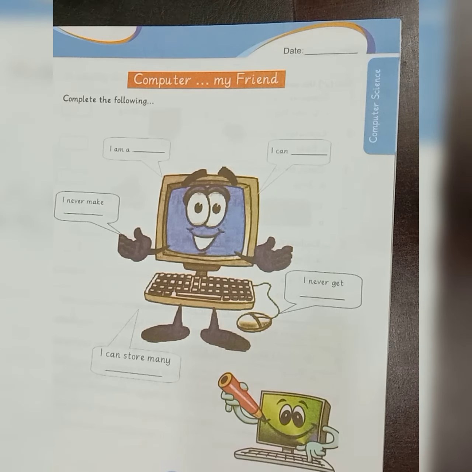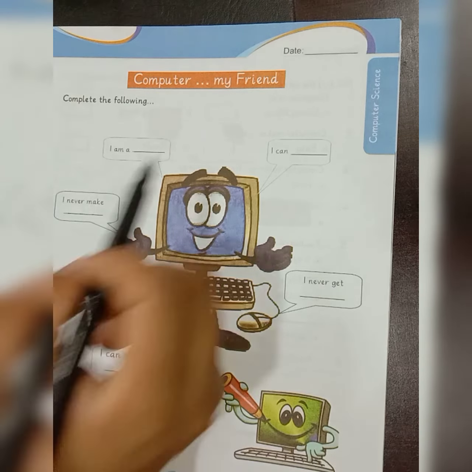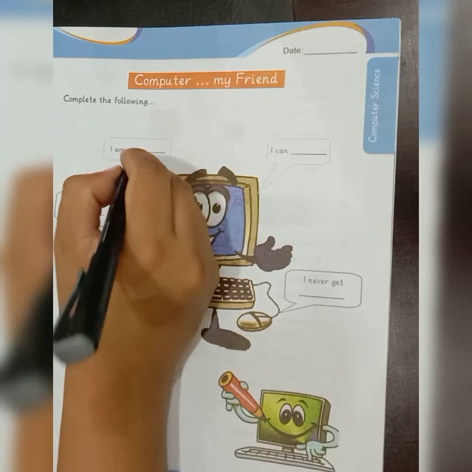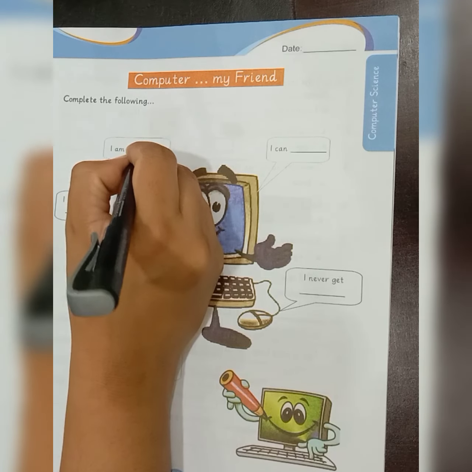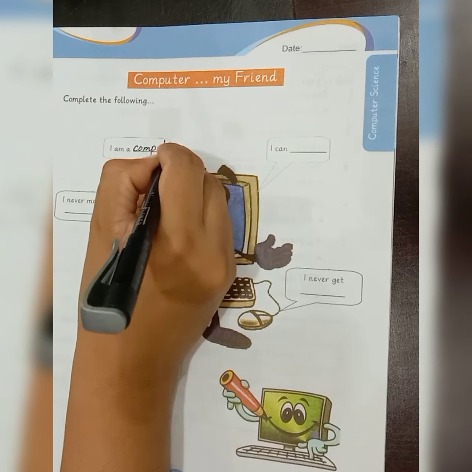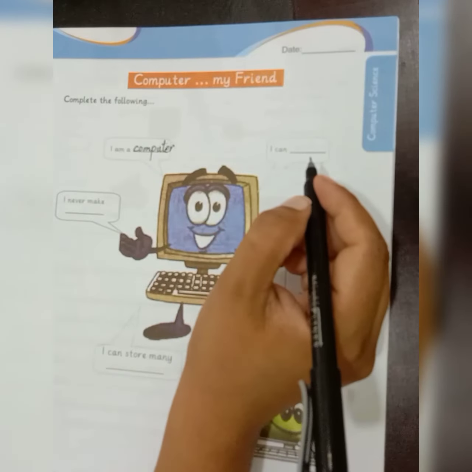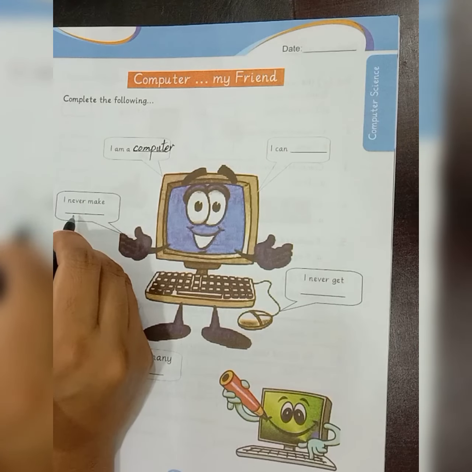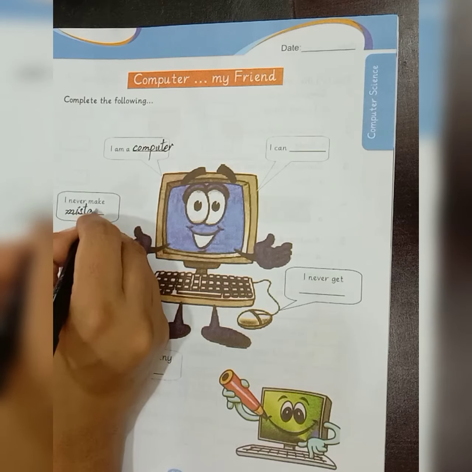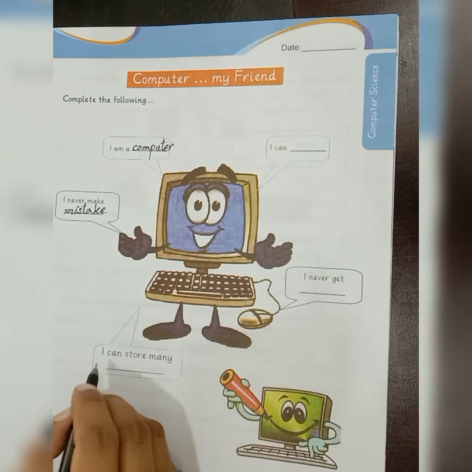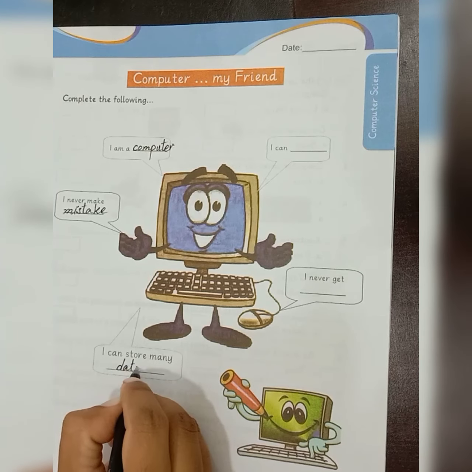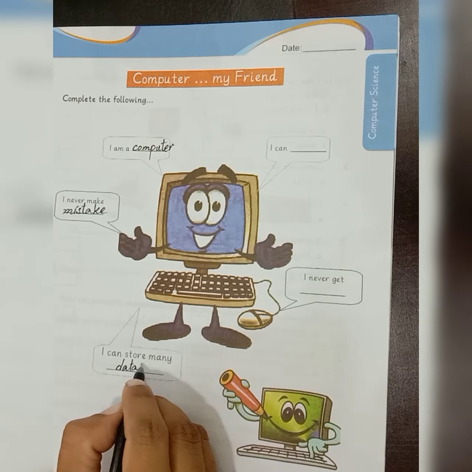Now we are moving towards the next page. Computer, my friend. Complete the following. I am a computer. I never make mistakes. I can store many data और information, both आप राइट कर सकते हैं, ठीक है.